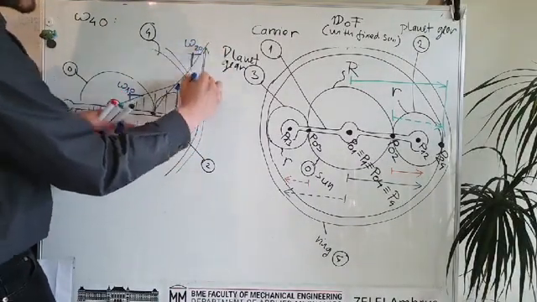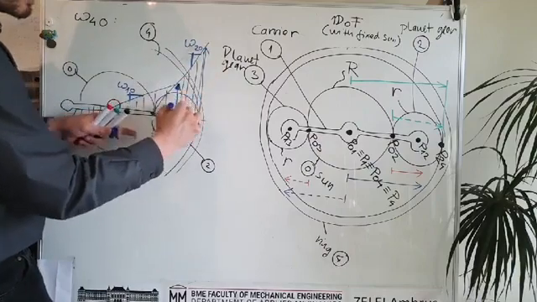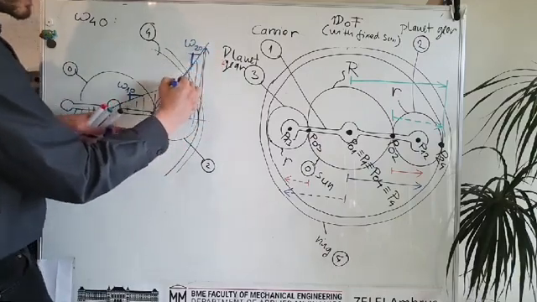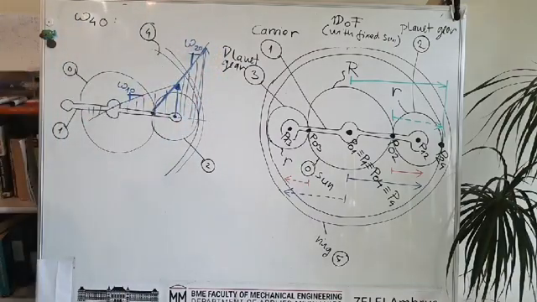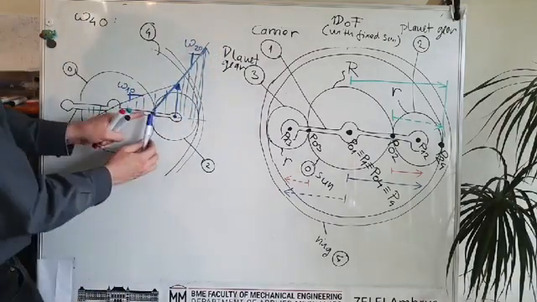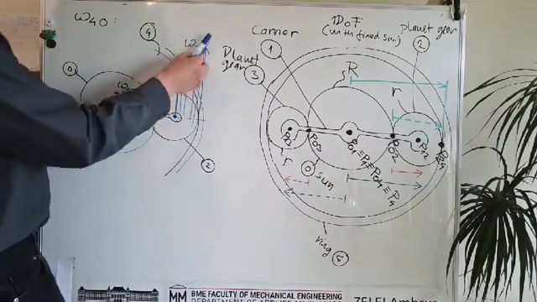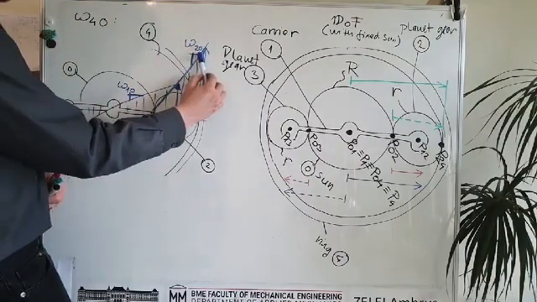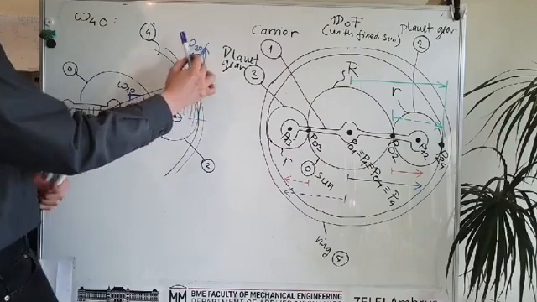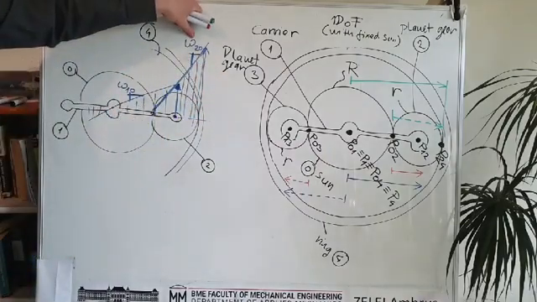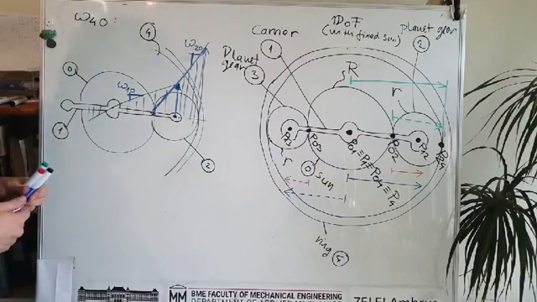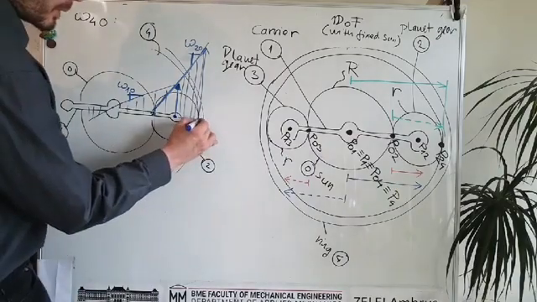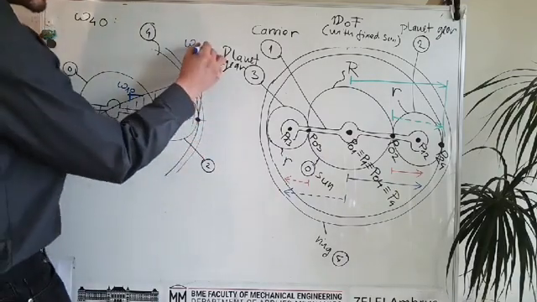So I'm again able to compute the velocity of each point of the planet gear, because I know the velocity here and here, so therefore I'm able to construct this line, and this line corresponds to the slope, which is equal to the angular speed, and therefore I am able to compute the speed at the outer point here.